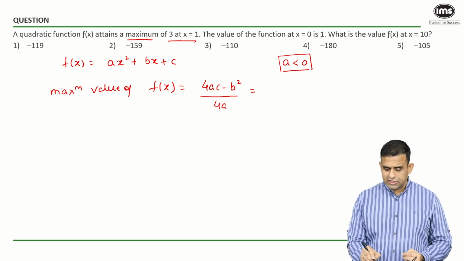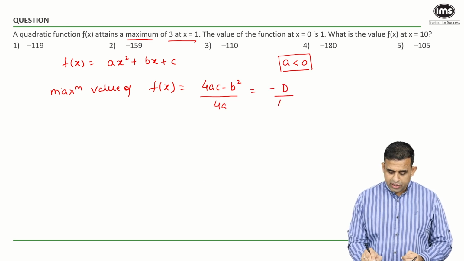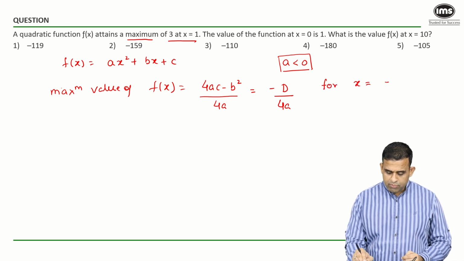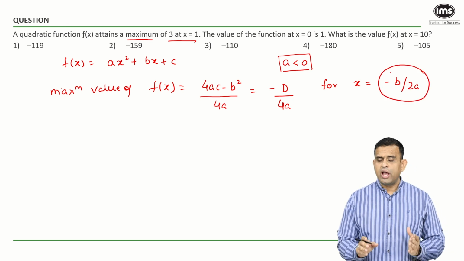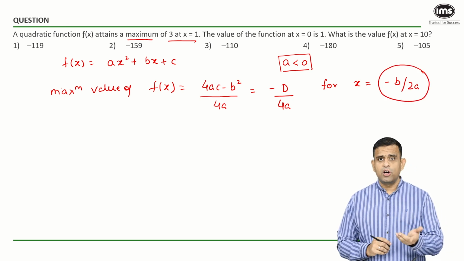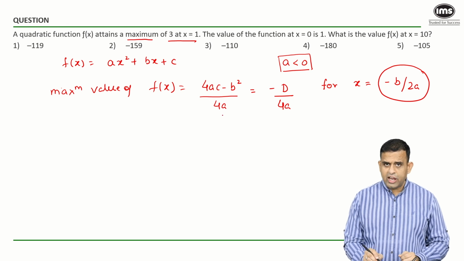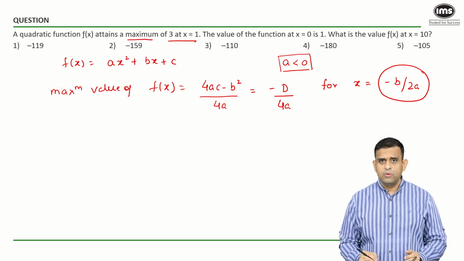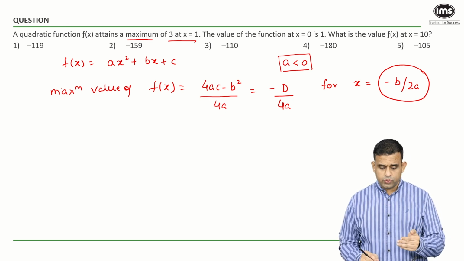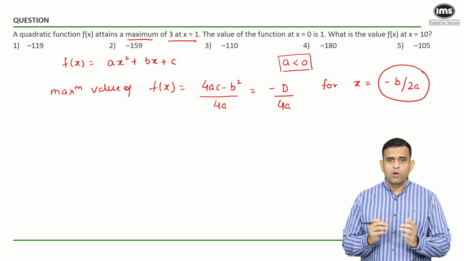This people also know as minus delta divided by 4a, and this happens for x equals minus b by 2a. So this is the value at which the function becomes minimum or maximum, and the function value at that point always comes out to be equal to (4ac minus b square) divided by 4a. This is one of the approaches.